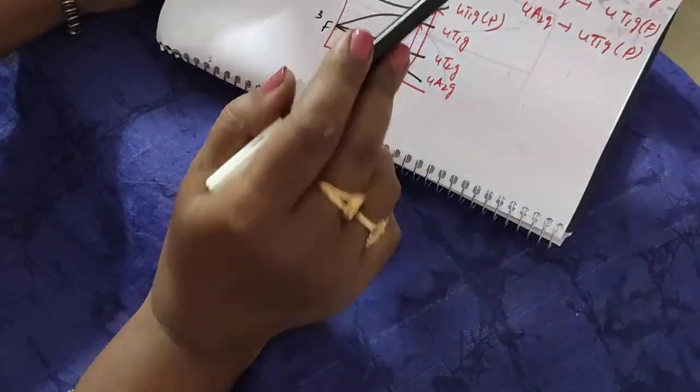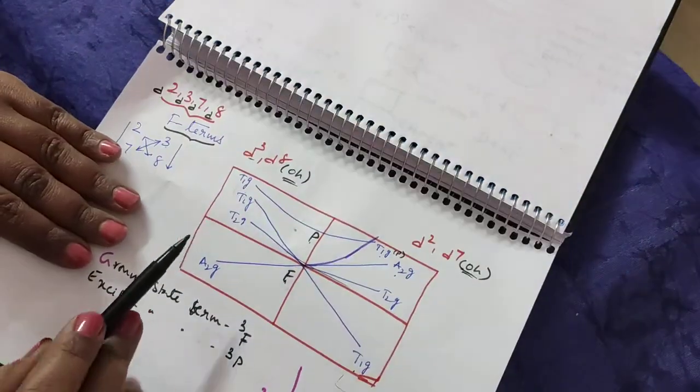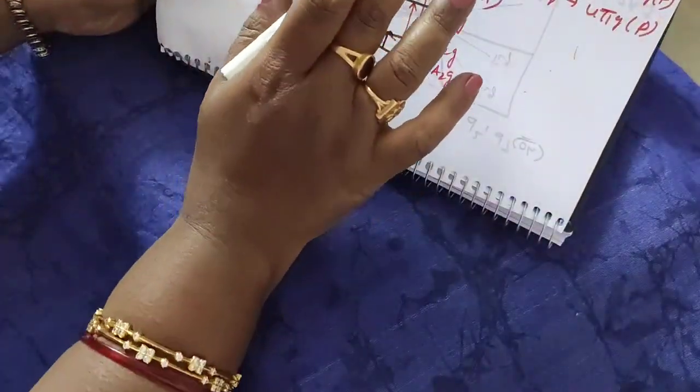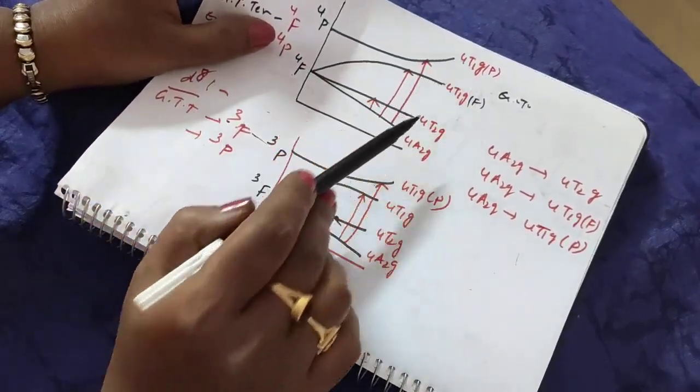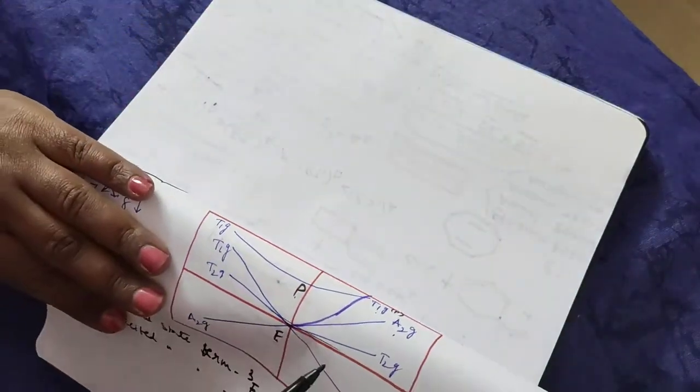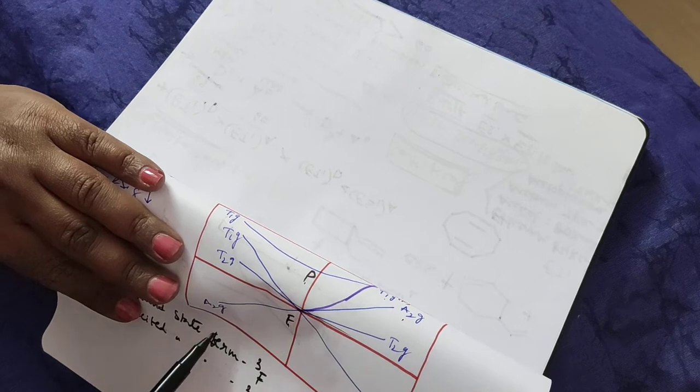Right. A2G, A2G, T2G, T1G and T1G(P). And T1G(P). Okay. So observe and write down the perfect common diagram.